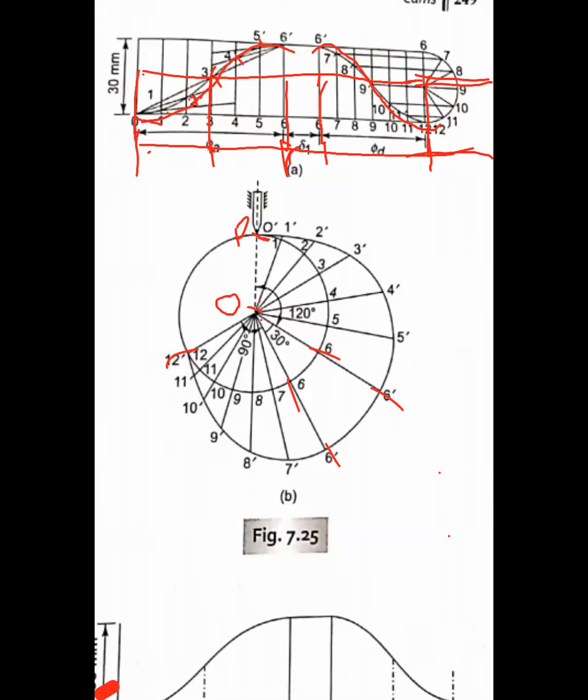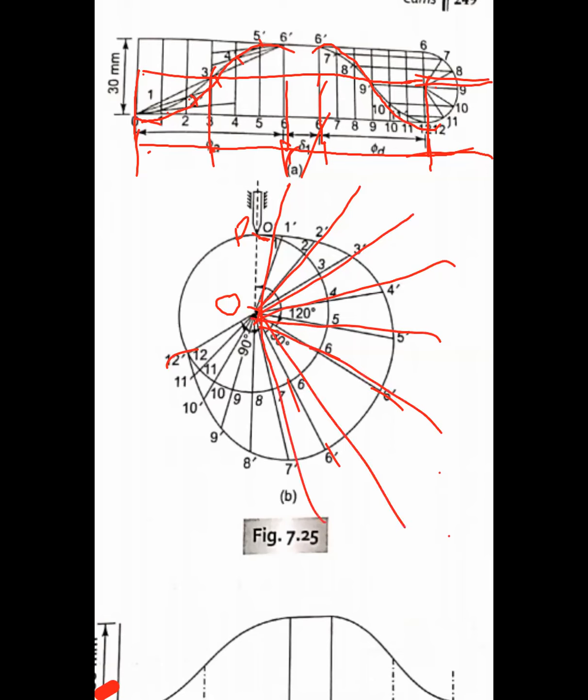Now take the compass and arrange the distance of 1a in our displacement diagram, and cut the arc on the first divisional line.